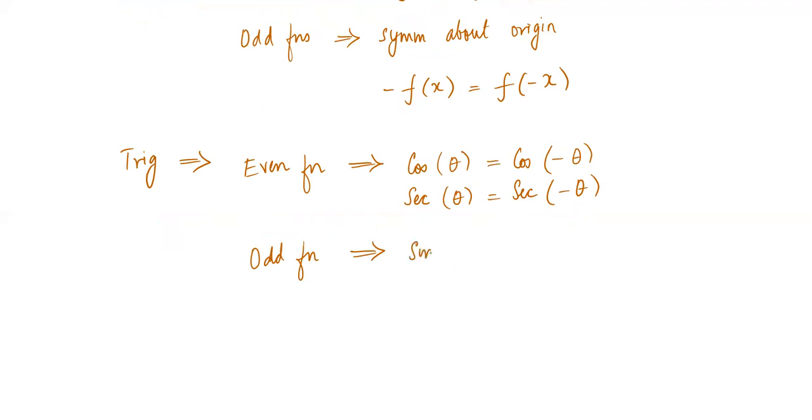So let's start with sine. Sine of negative theta is the same as negative sine theta. As you can see, when you replace the theta with a negative theta, it did not absorb that minus, it's like spitting it out, throwing it in front.